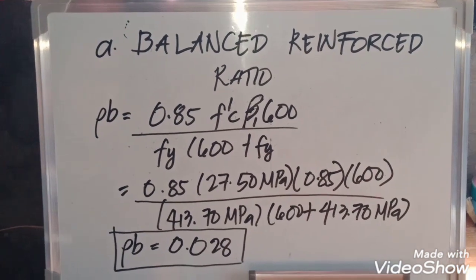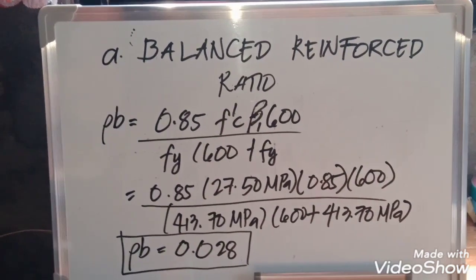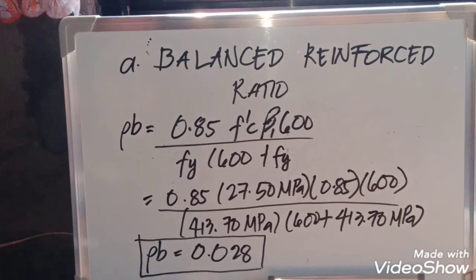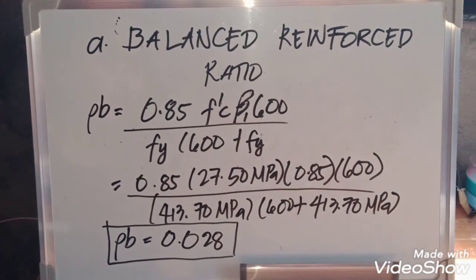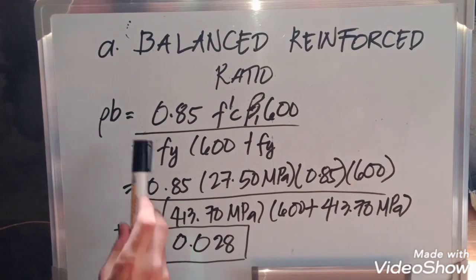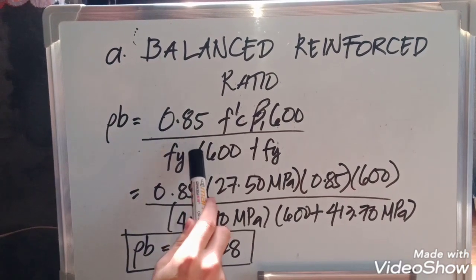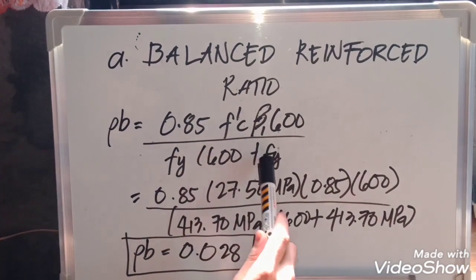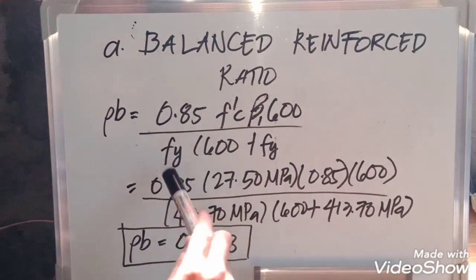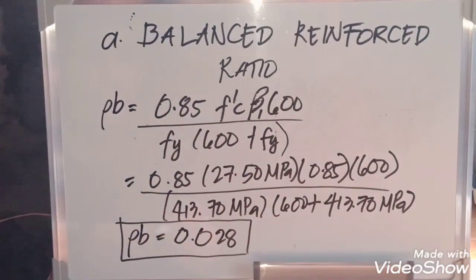So, letter A, what is the balance reinforced ratio? We have to find the balance reinforced ratio, and we all know that this problem is a doubly reinforced beam. So, we can use this formula: the balance reinforced ratio is equal to 0.85 times F prime C times beta 1 times 600 divided by Fy times 600 plus Fy.